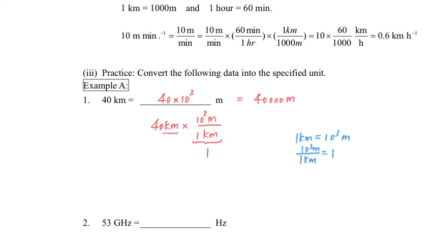Since this is equal to 1, 40 kilometers times 1 should be equal to 40 kilometers. But by using this equation, we can cancel out km, and finally we have the following result, which is similar to the upper part method.